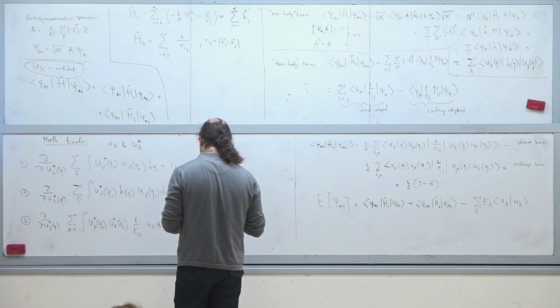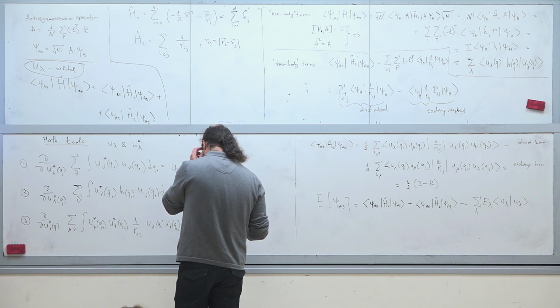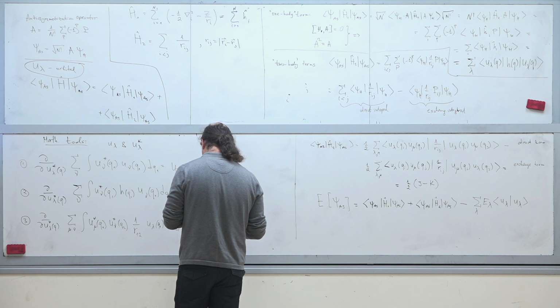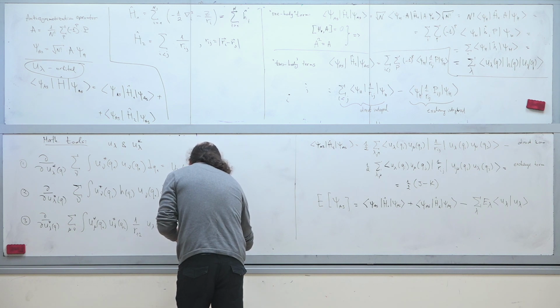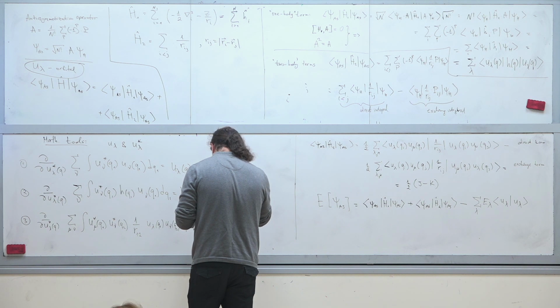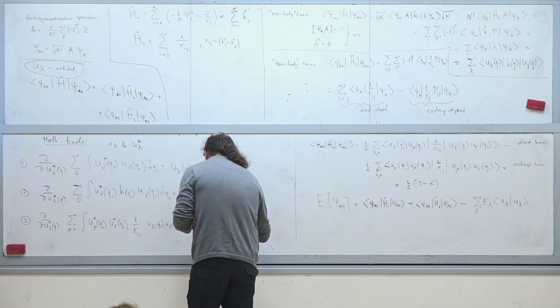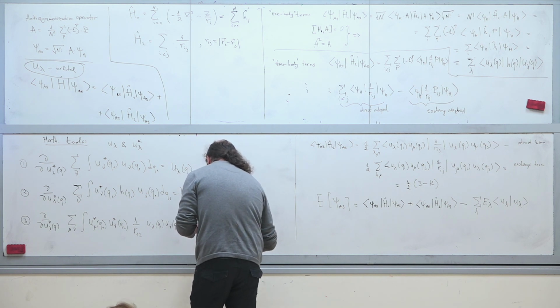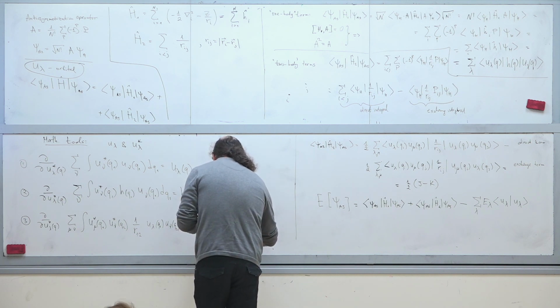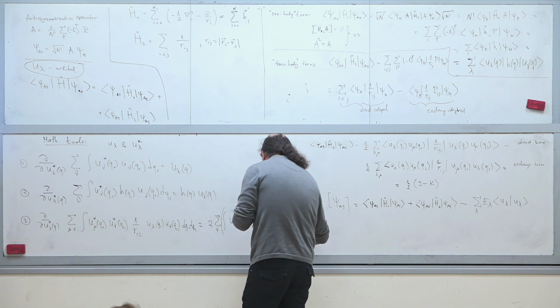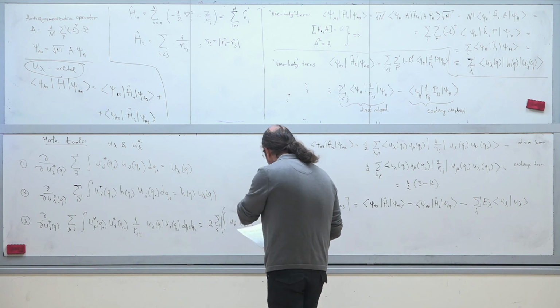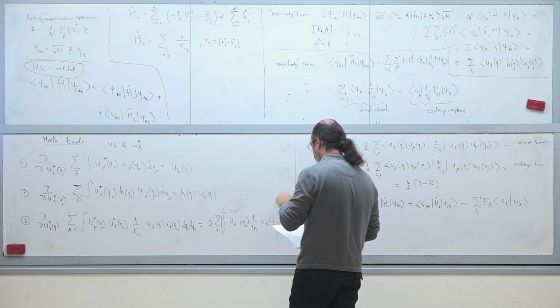This will give me twice the sum over mu of the integral of u mu star of q2, 1 over r12, u mu of q2, multiplied by u lambda of q.